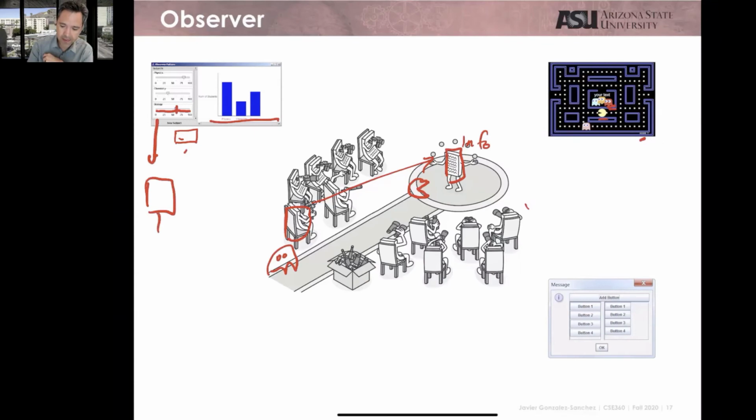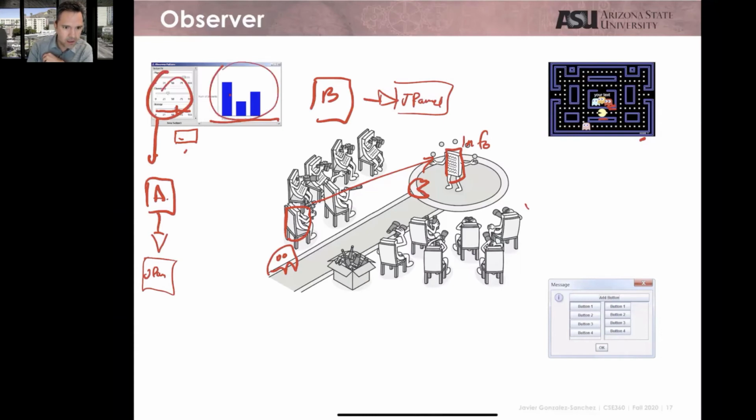It's a class that maybe is inheriting from JPanel. And this other is another class, and maybe this one is also inheriting from JPanel. But whatever this class A and this class B are, the information here is something that you need here. What you need to do is to implement the observer pattern between A and B.